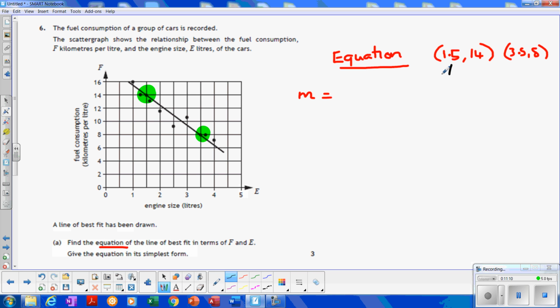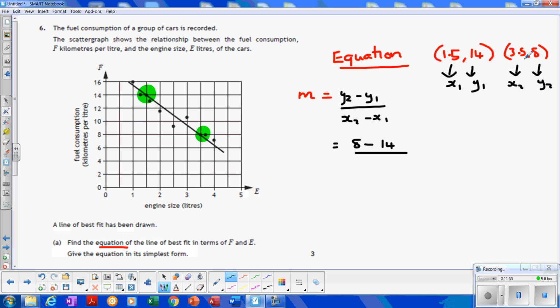The first number is x, so it's x1, that's y1, that's x2, and that is y2. So gradient is y2 minus y1 divided by x2 minus x1. So y2 minus y1 is 8 minus 14, and we want to divide that by 3.5 minus 1.5.